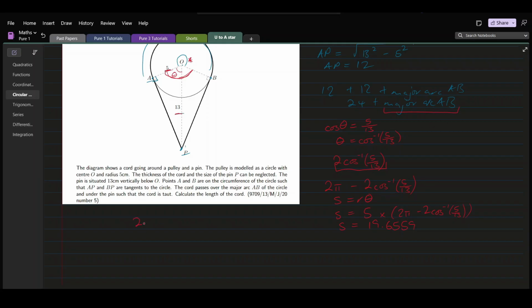So that becomes 24 plus 19.6559, which gives us, when we punch into the calculator, 43.7, correct to 3 significant figures, and this would be our final answer.